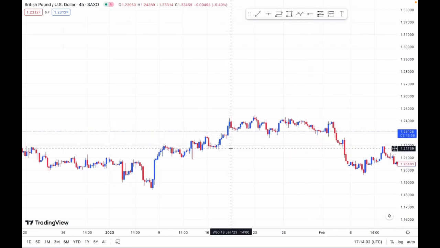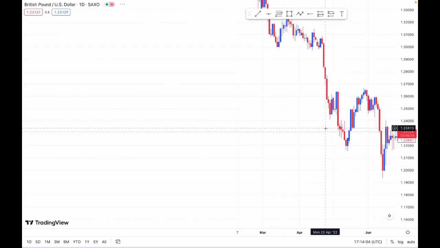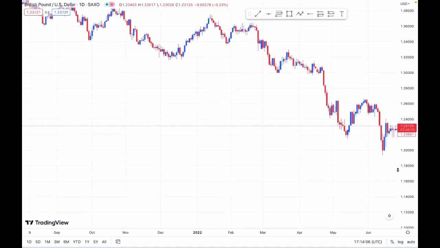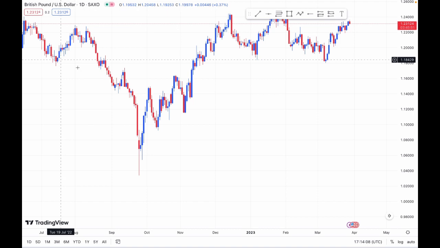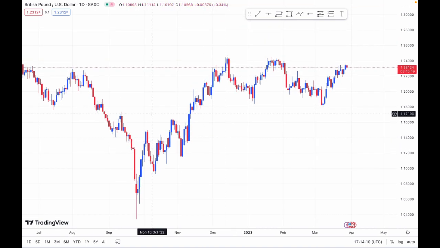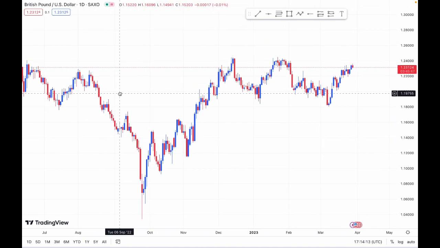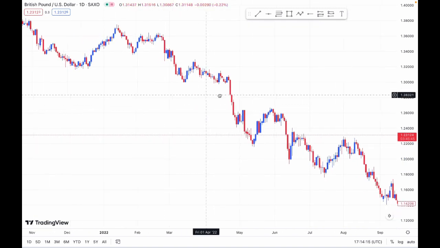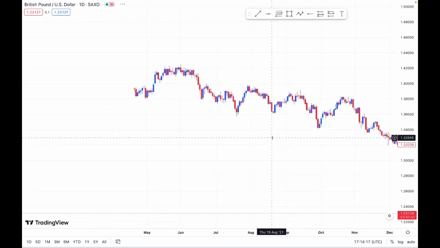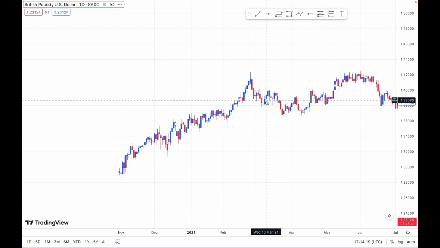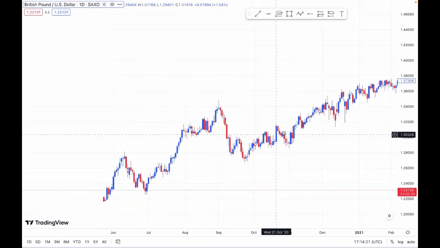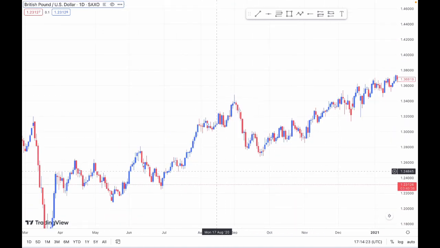Okay, let me zoom out. Let me get something bigger so you guys can understand. So now we're looking for a sideways market, right? Okay, let me zoom out a bit more.